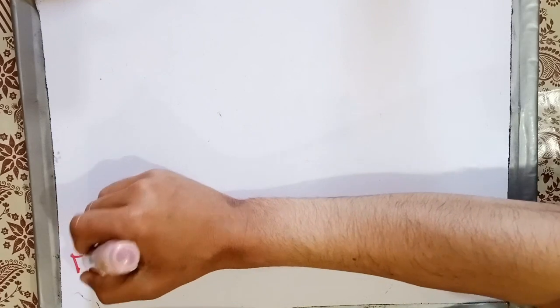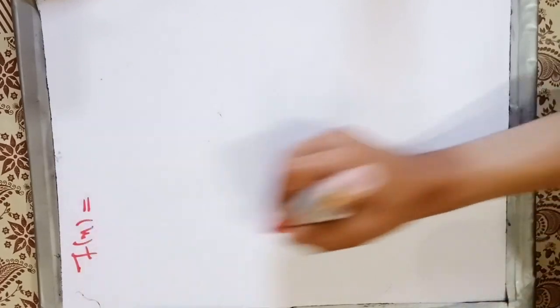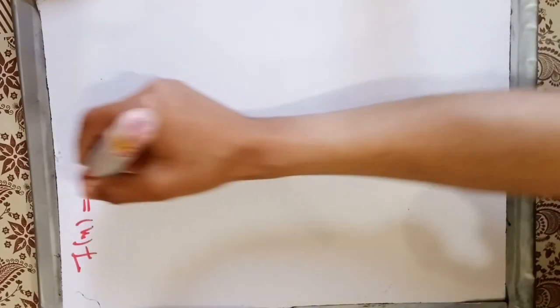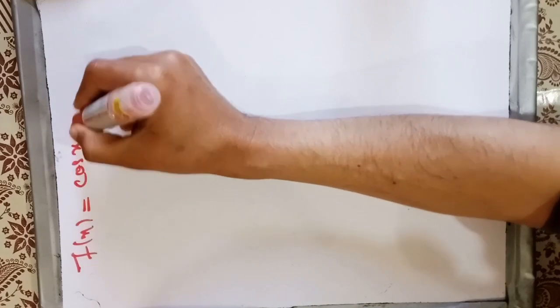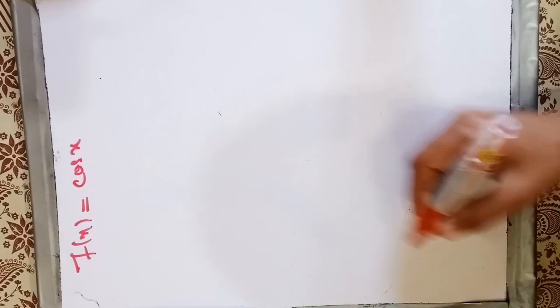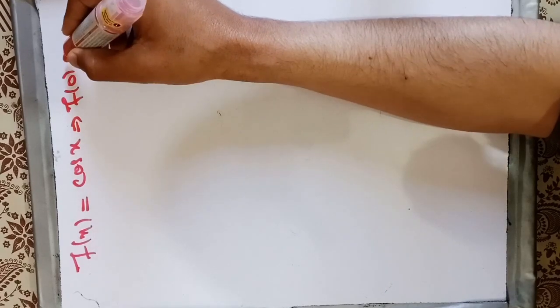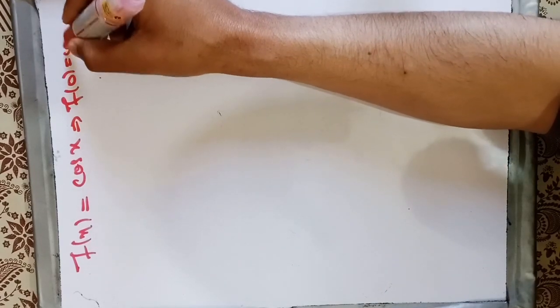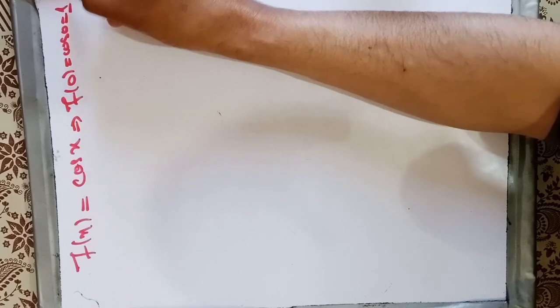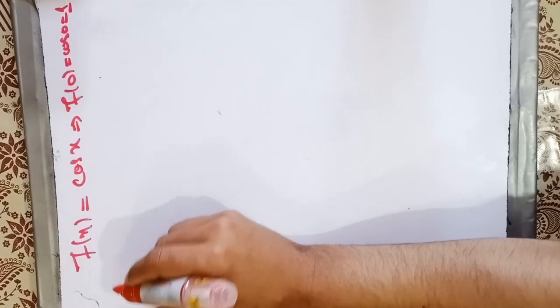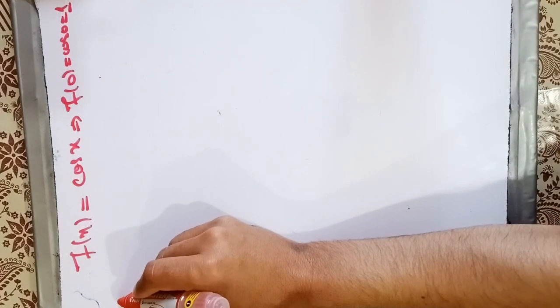Now we are discussing the Maclaurin series of cos x. You know that f at 0 means cos 0, which will be 1, and we already discussed the formula.